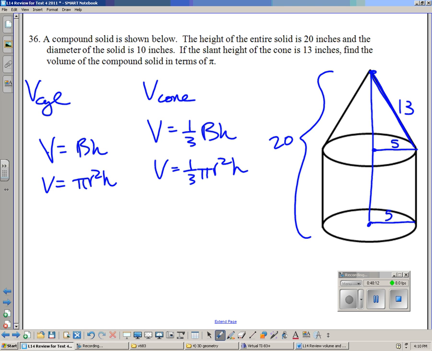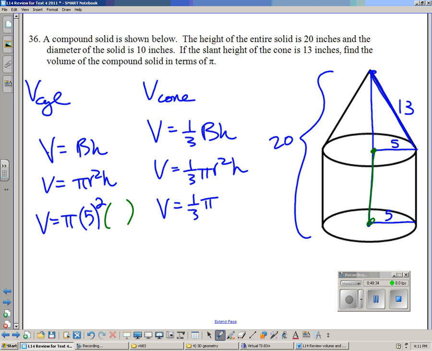So now we have to put in the information that we know. I'm going to start with the cylinder. The volume is pi times the radius we know, times the height. The height of the cylinder goes from here to here. We don't know that, so I want to leave that blank for now and hop over to the cone.